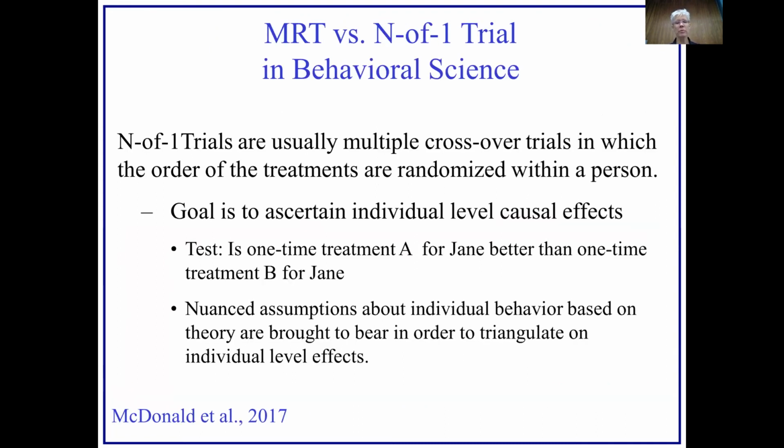Now, in our setting with micro-randomized trials, we believe that treatment A might be better in one context than another. And as your context dynamically changes, you may do better with treatment B than treatment A. But we're not necessarily going after individual-level effects.